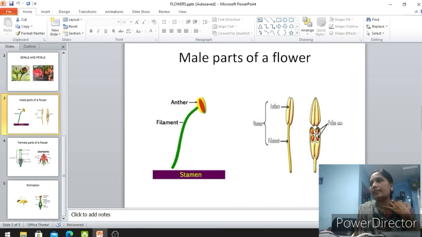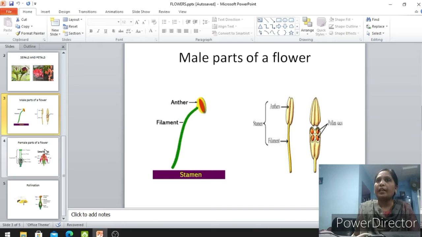Inside the pollen sac, small yellow pollen grains are present. These are the male gametes in flowers, and they have a nucleus inside, the male nucleus. Understood, children? So the filament, anther and pollen grains together are called the stamen.